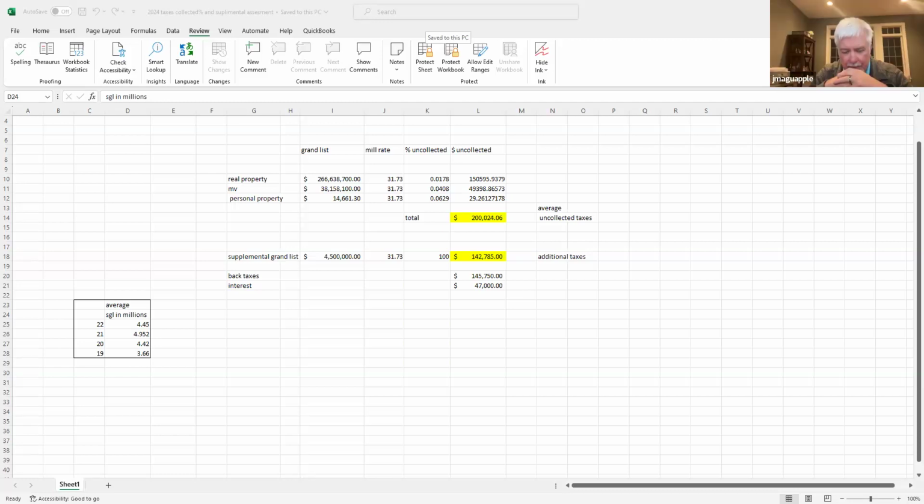But we collect back taxes. And I guess my question is, is that $200,000 just the current year? That is not the current year we're in right now. That is for the year that just got audited, the year that ended July 1, 2023. Okay.